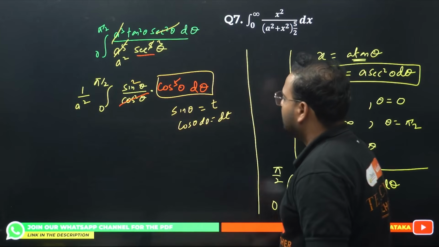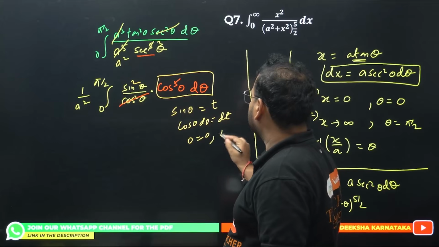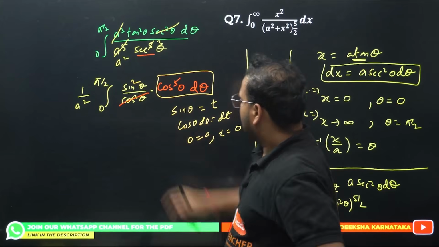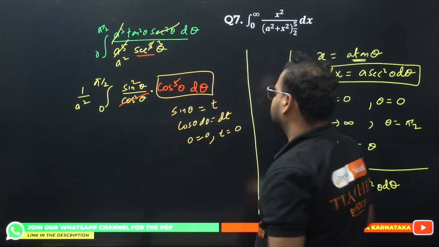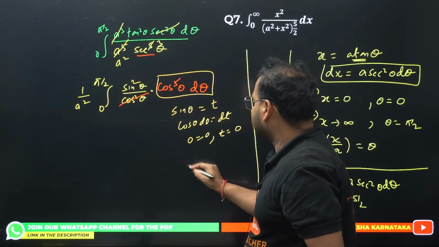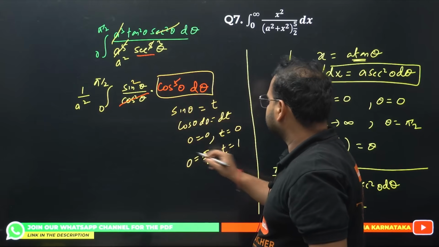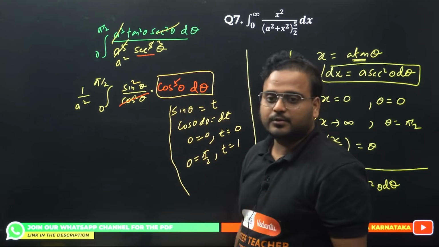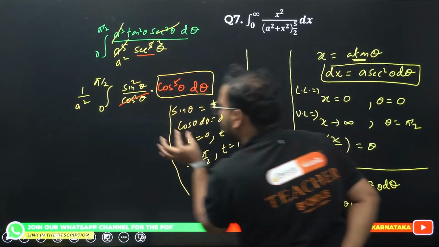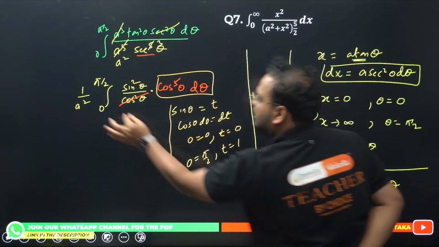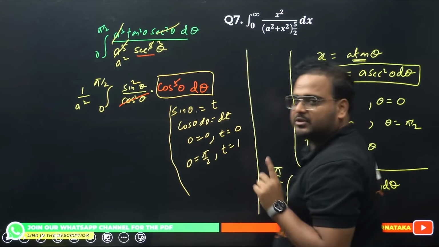When theta is pi by 2, sine pi by 2 is again 1, so t is 1.